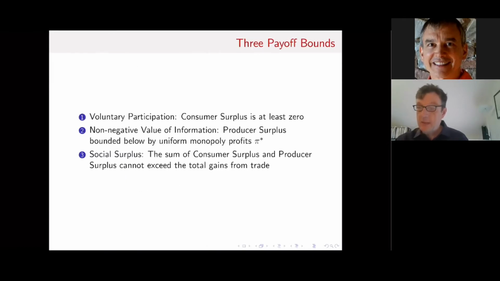And the third bound is then, of course, given by the social surplus. The best that consumer and producer can do together can never exceed the total gains from trade. We made the implicit assumption that the cost of production is equal to 0. So the total gains from trade is simply the value, the willingness to pay of the consumer for the product.